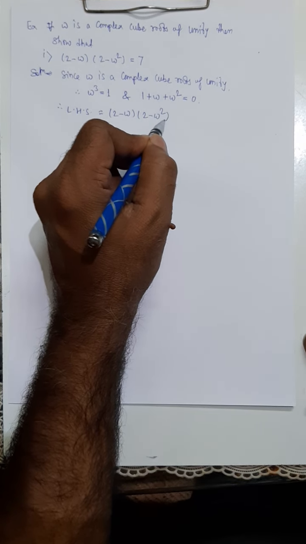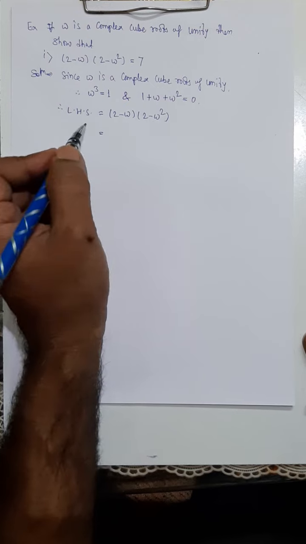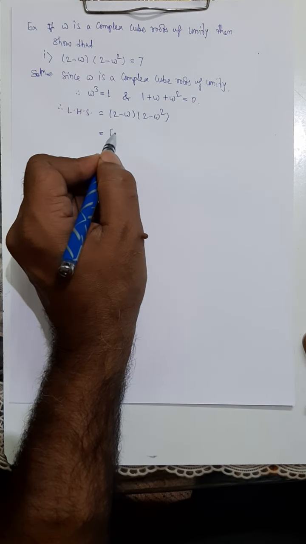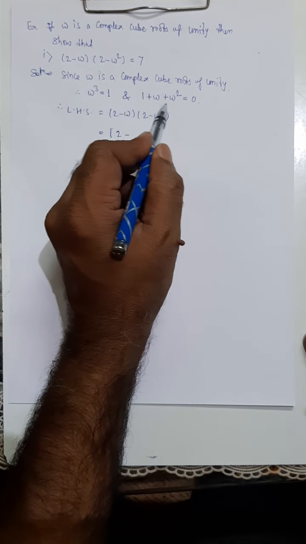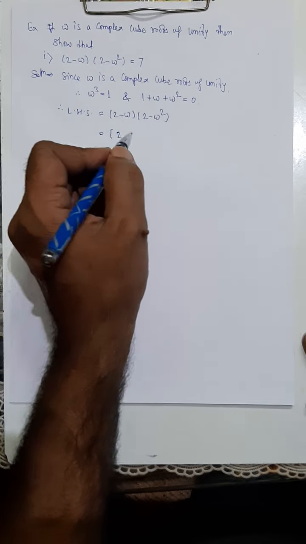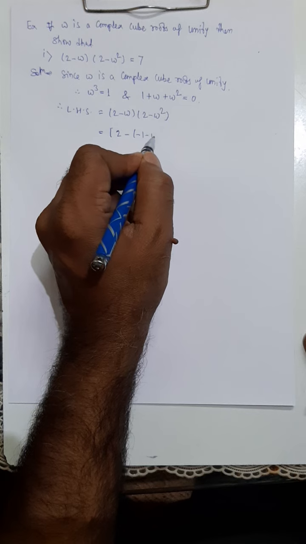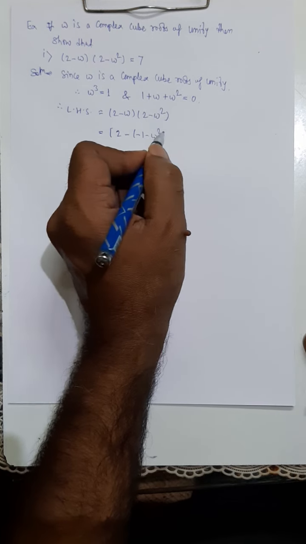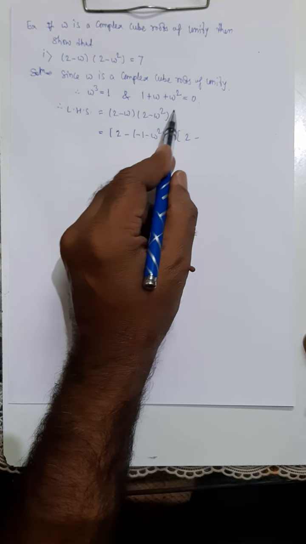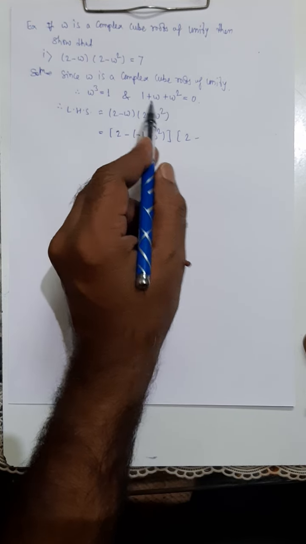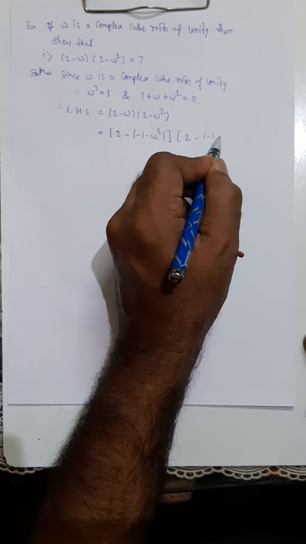omega square). So it is equal to, in the first bracket write 2 as it is, minus omega. From this equation, substitute for omega its value, minus 1 minus omega square. Second bracket, 2 minus omega square. Omega square is minus 1 minus omega.